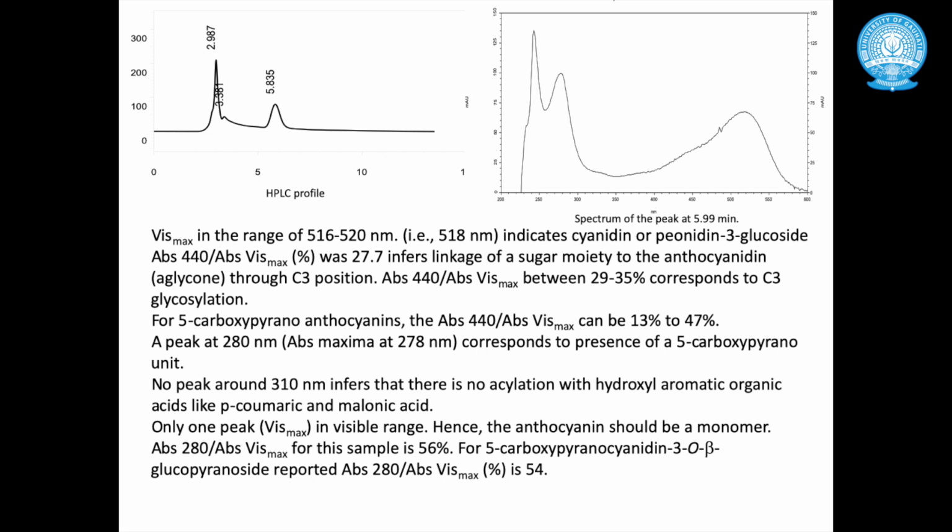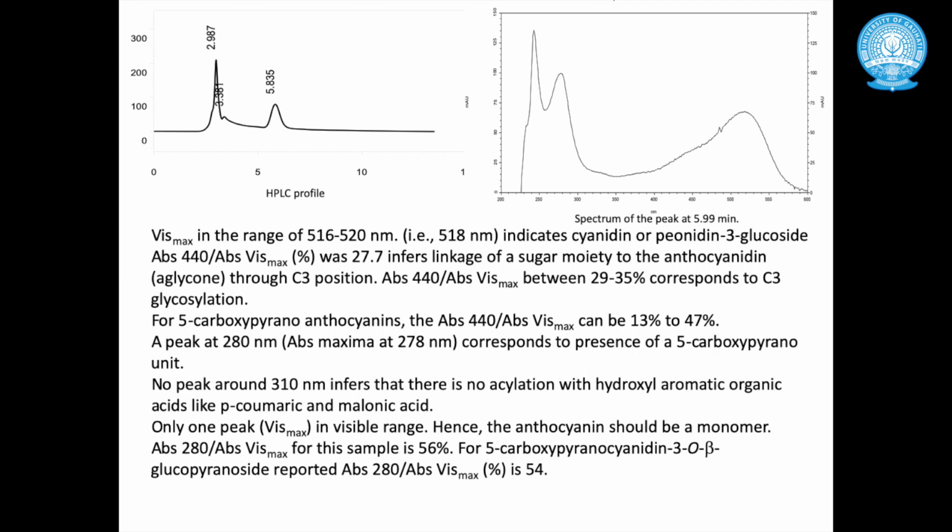All these three combined together give us an indication that the molecule may be an anthocyanin molecule, and that too in particular cyanidin 3 glucoside. If this anthocyanin had any acylation, then there would have been a peak between 400 and 500 nanometers.